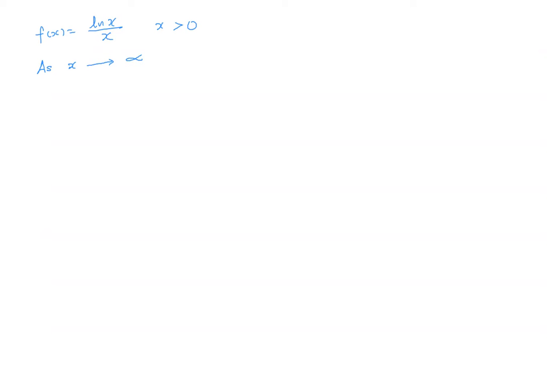Okay, Azif, what should I write next? ln x approaches infinity. Okay, good. Now we got 2 infinities there, correct? And our fx is an infinity divided by another infinity.